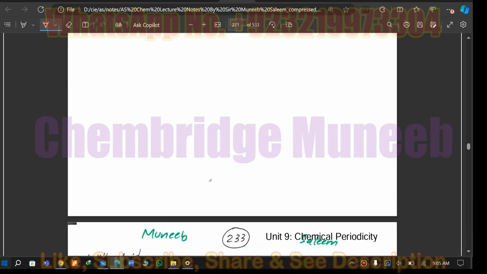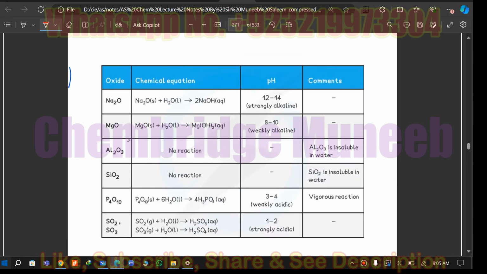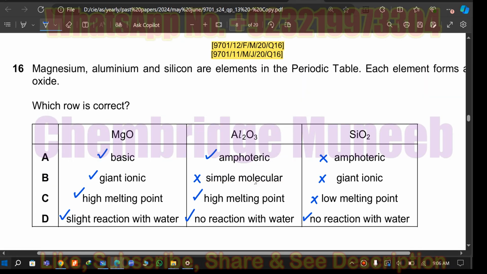I have also summarized this in this table, in which magnesium shows a reaction, aluminium shows no reaction, and silicon oxide also doesn't show a reaction, being insoluble in water. So that's why all these ticks are made here.